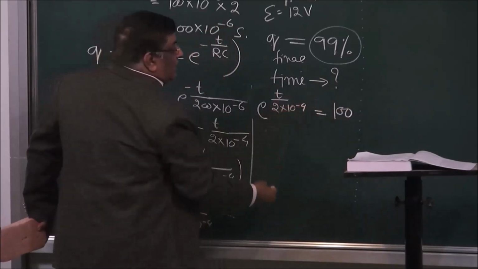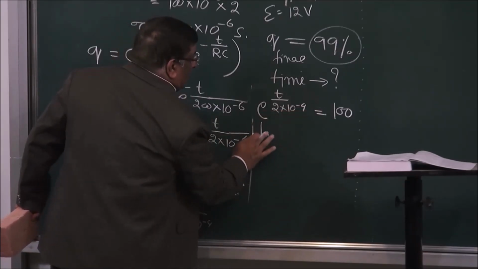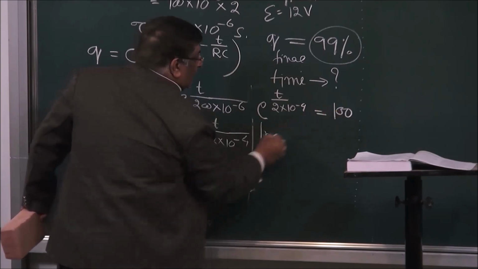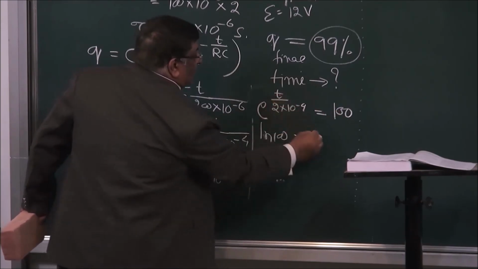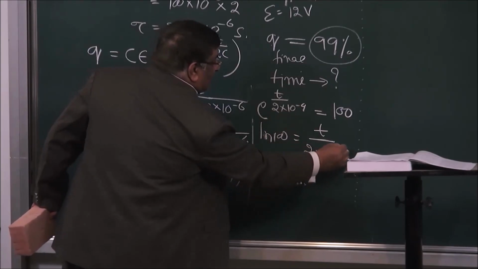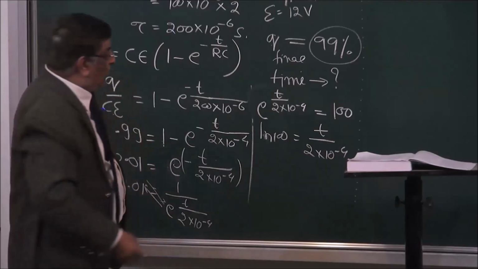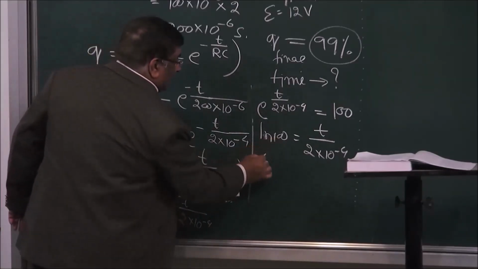Now, natural log of 100 is equal to t upon 2 into 10 to the power minus 4. And natural log of 100 is 4.605.